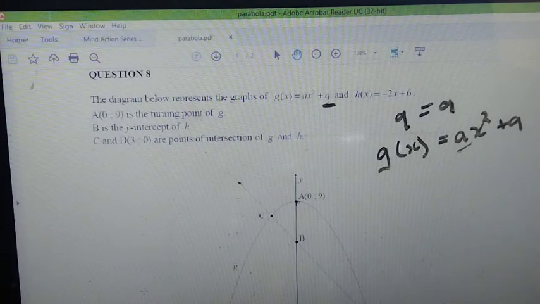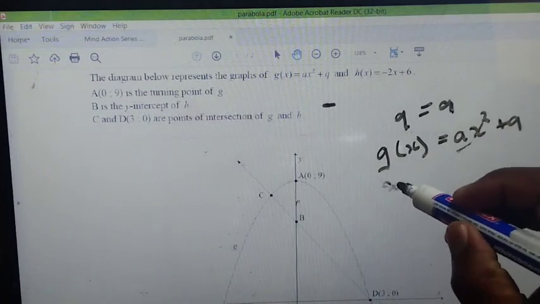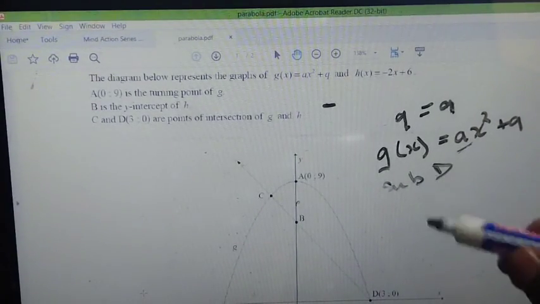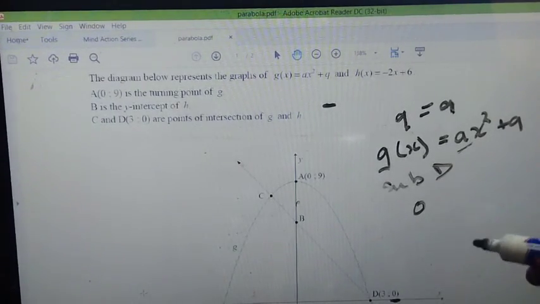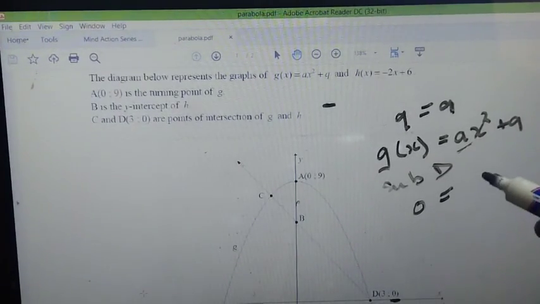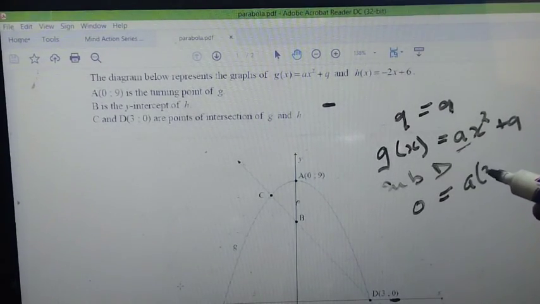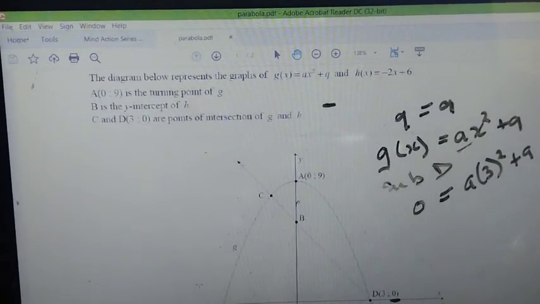So we have point D, which is (3, 0). So we substitute D. At D, our g of x is 0, which is equal to a, x is 3, so that's what we are squaring, plus 9.